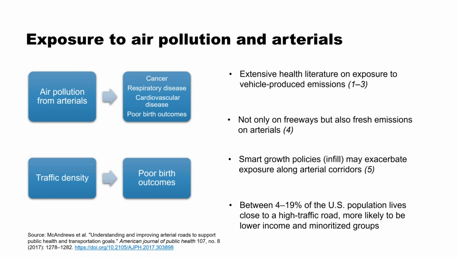And we know from other studies that between 4 and 19% of the US population, depending on how you define things, lives close to a high traffic road, and that neighbors of high traffic roads like arterials are more likely to be lower income and minoritized groups. So this is a really important thing that people who are working in public health would want to be aware of, that it's not just transportation in general where we want to seek partnership and create progress, but we really want to focus in on certain infrastructure.